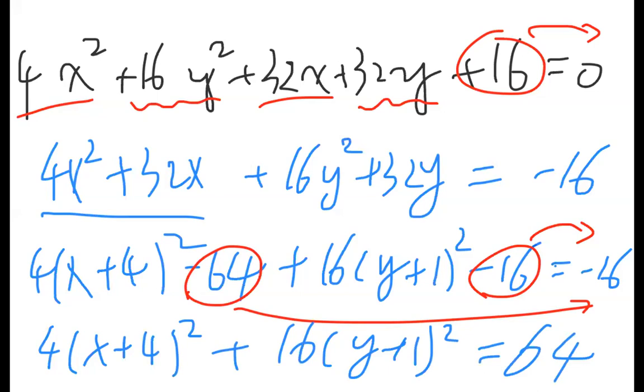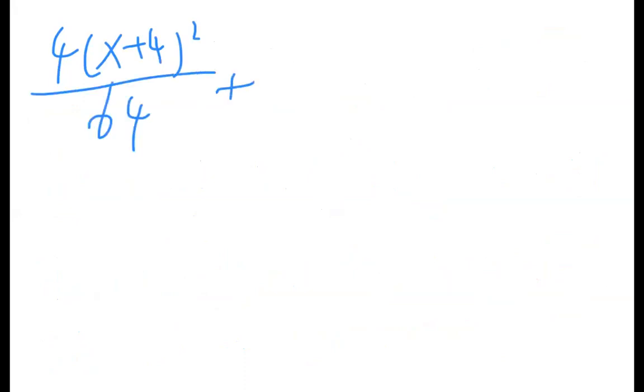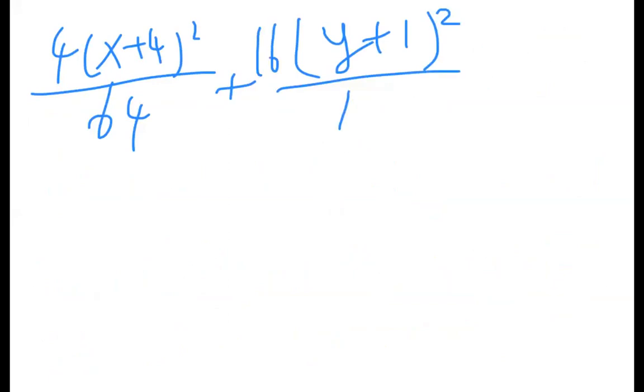Okay. This is not quite the standard form because the right-hand side is still not 1. So you have to divide by 64 on both sides of the equation. So you have 4 times x plus 4 squared divided by 64 plus 16 times y plus 1 squared divided by 64 equals 1.